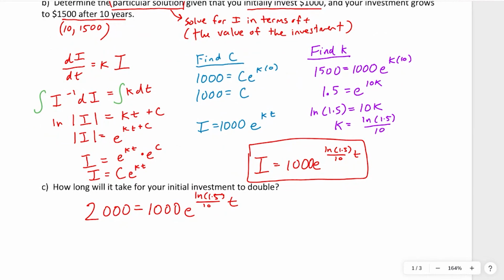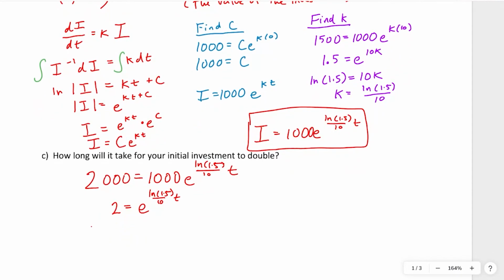So we'll divide both sides by 1,000 and get 2 equals e to the natural log of 1.5 over 10 t. At this point, we need to take the natural log of both sides. So we have natural log of 2 equals the natural log of 1.5 times t, and maybe I'll rewrite this so I don't have a fraction there as 1/10 times the natural log of 1.5 t.